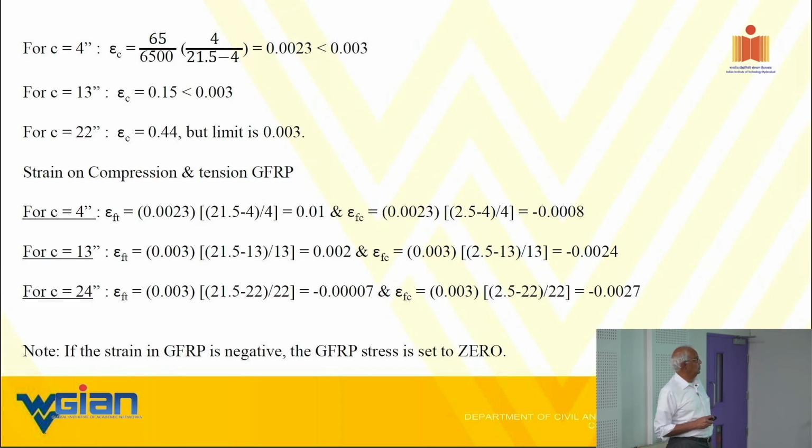Please note, it's very, very high, but it is limited to 0.003 for 13 and 22. Relate this to strain compatibility, wherein my limit in terms of strain in concrete is 0.003. Theoretically, I can get a high value, but it has no meaning because it already cracked.